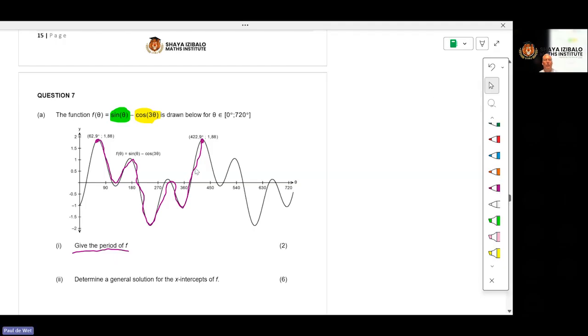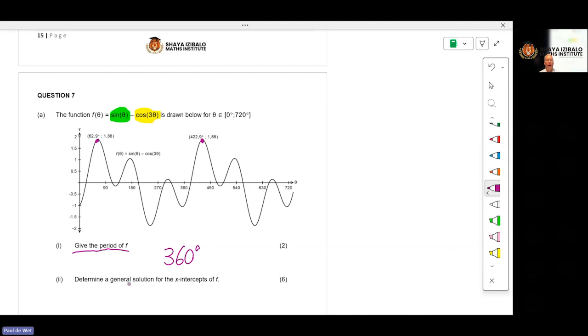Do you see that it is repeating? So how long did it take before it repeated? 360 degrees. The period of this graph is 360 degrees, even though it's a very strange looking graph.